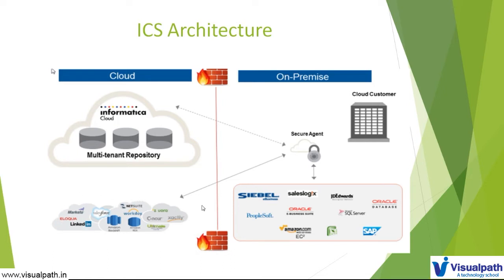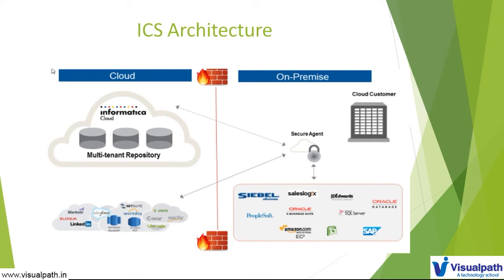And the on-premise applications here are SAP, Siebel, PeopleSoft, Oracle, SQL Server, and a file system. How can we integrate data between the cloud-based applications and the on-premises systems? By using Informatica Cloud.